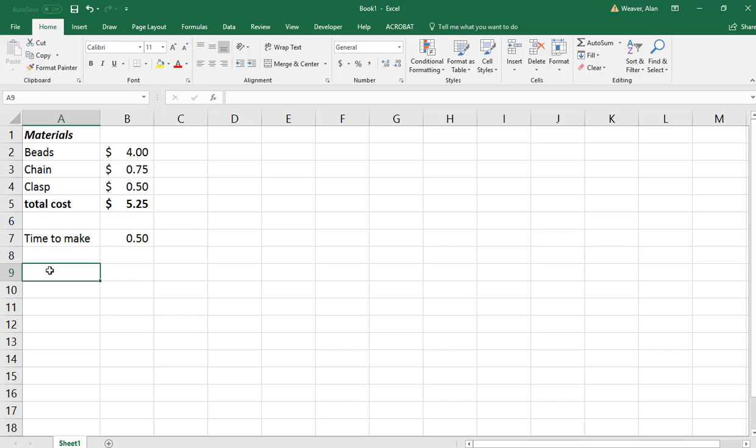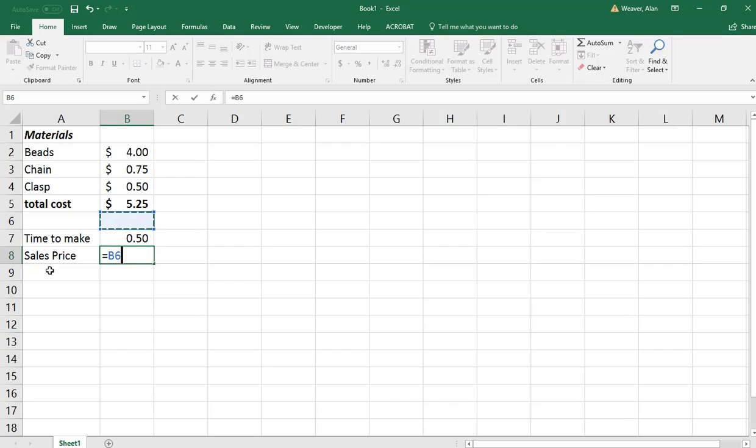But then we want to mark this up. If we're selling this for $10, I'm just going to say sales price. We could say $10 here, or we're going to double. We're going to say $10.50. So we could say equal this times 2, doubling the price. So it's $10.50.